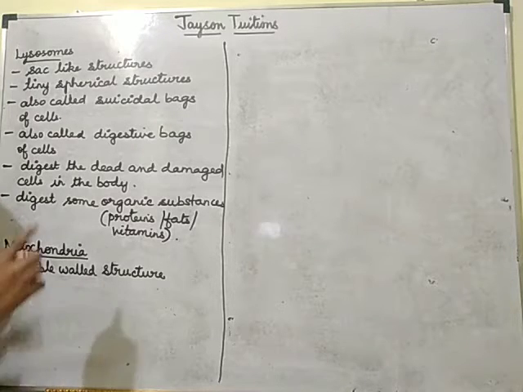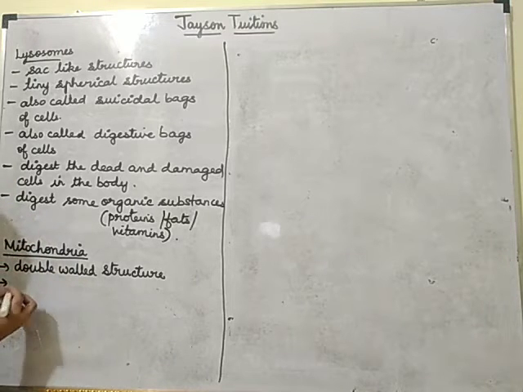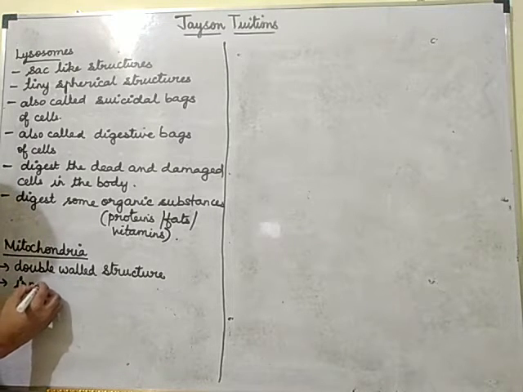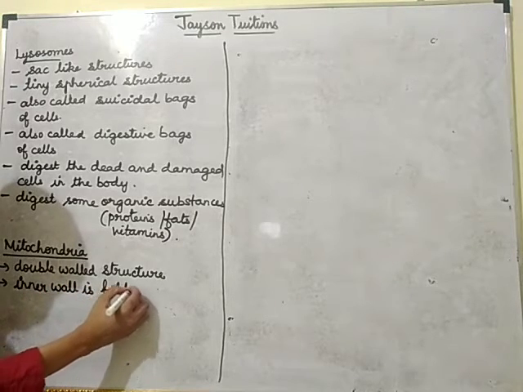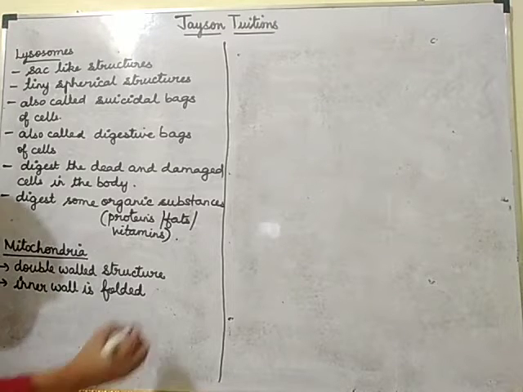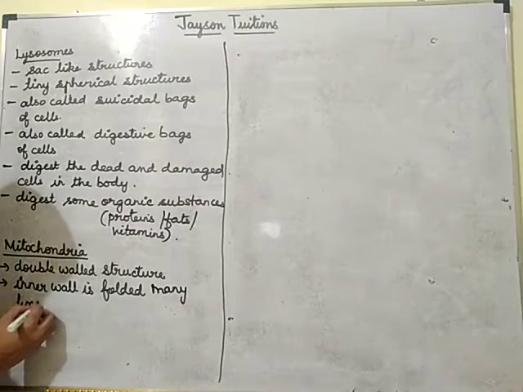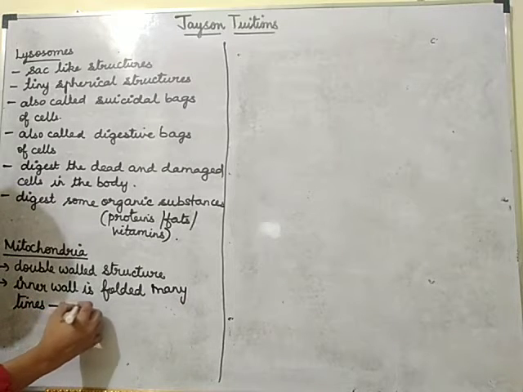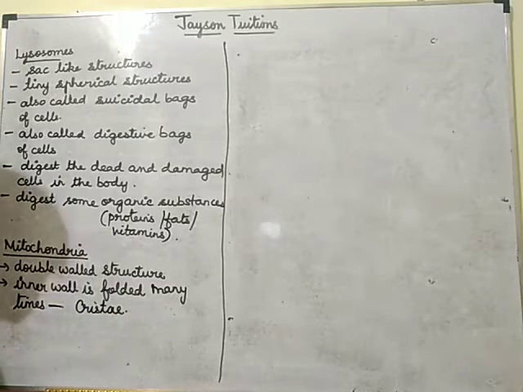In the two walls, the inner wall will be folded. The inner wall of the mitochondria is folded many times, and that inner wall is called cristae.